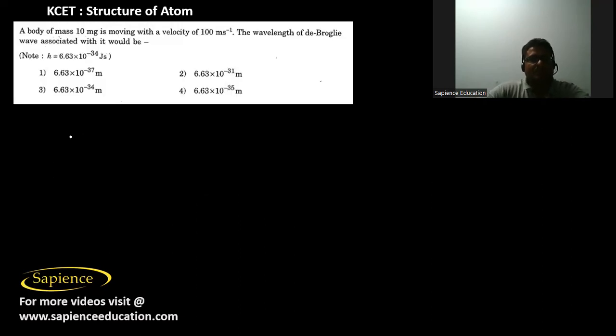Then here it is told a body of mass 10 milligram, which is 10 into 10 power minus 3 gram, is moving with a velocity of 100 meter per second.